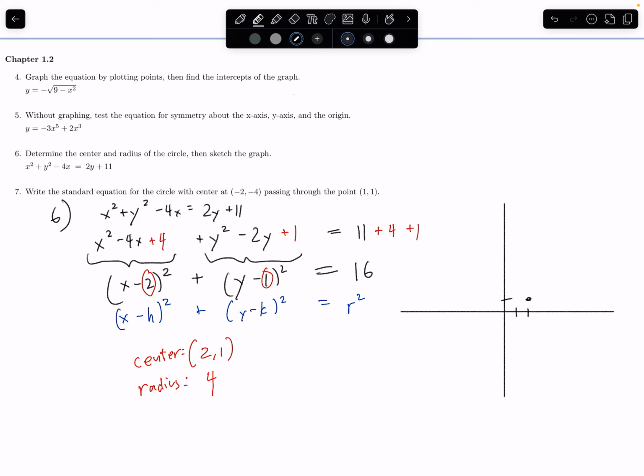1 right there. Radius of 4. So 1, 2, 3, 4 to the right. 1, 2, 3, 4 to the left. 1, 2, 3, 4 up.